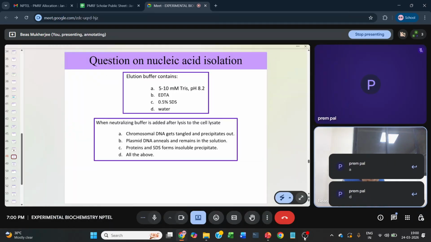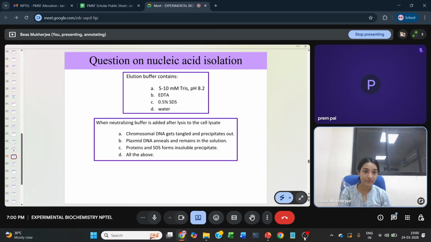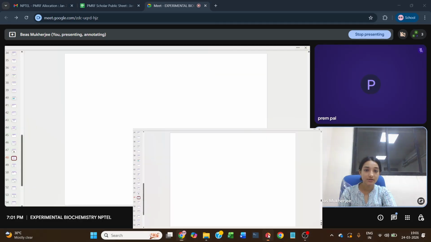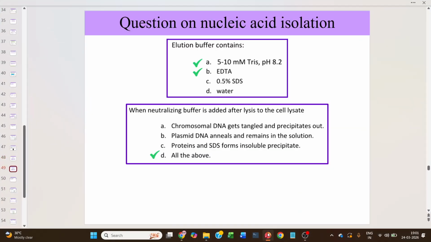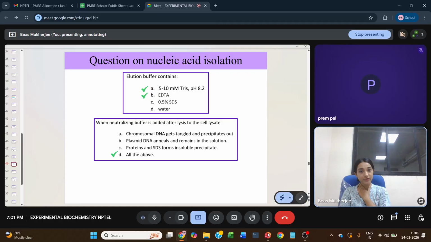A, D. So elution buffer, besides Tris, also contains EDTA. Yes, elution buffer contains both Tris and EDTA. Why EDTA? You know this. You know the right answer. Answer in the chat box.